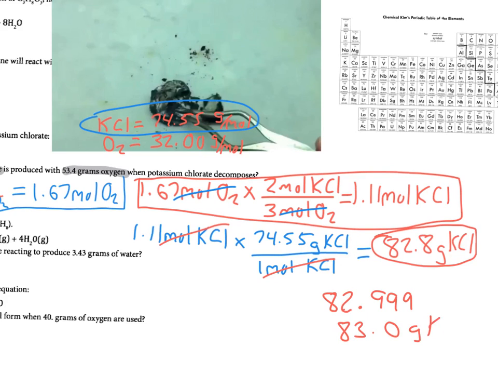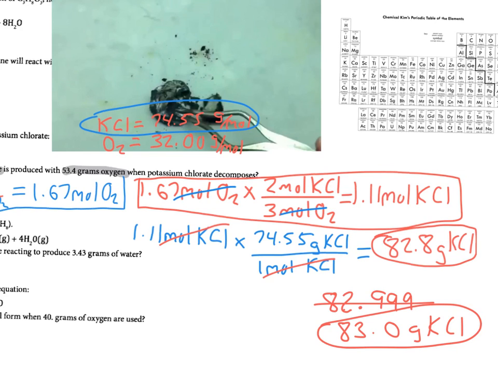That is also a correct answer. It just depends on where you're rounding, whether after each step or at the very end. But based on significant figures, those are actually the same answer, so either one is acceptable.